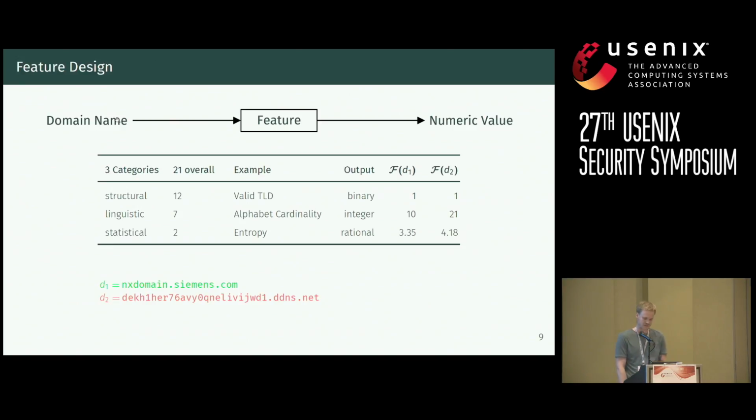FANCI uses 21 features overall, where you can distinguish three categories: the structural category, where FANCI uses 12 features, 7 linguistic features, and 2 statistical features. If we take a look at the examples here, the valid top-level domain feature is an example for a structural category. The alphabet cardinality is an example for a linguistic feature and outputs an integer. And the entropy, according to Shannon, is an example for a statistical feature and outputs a rational value.